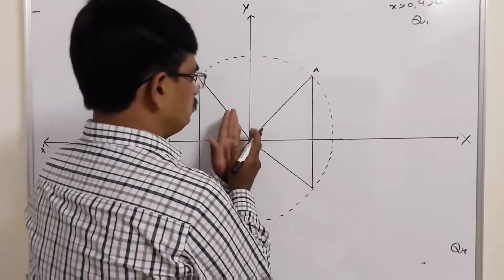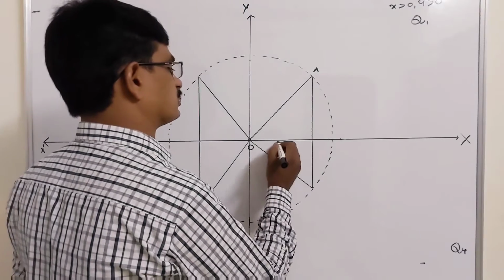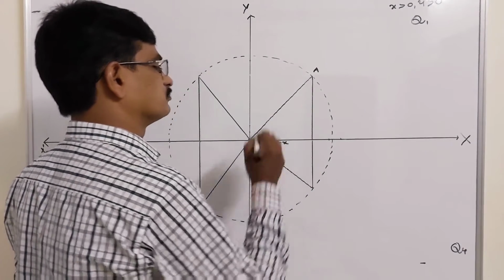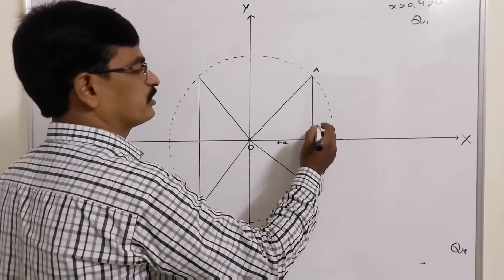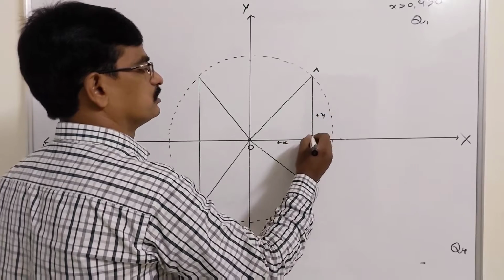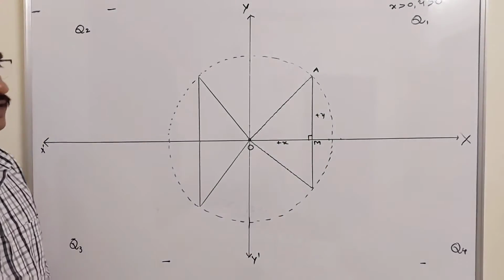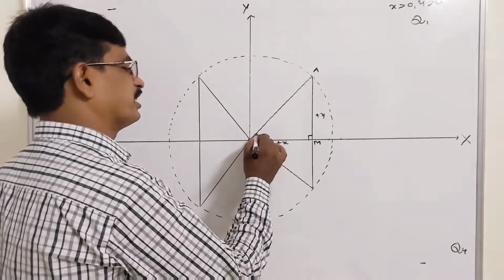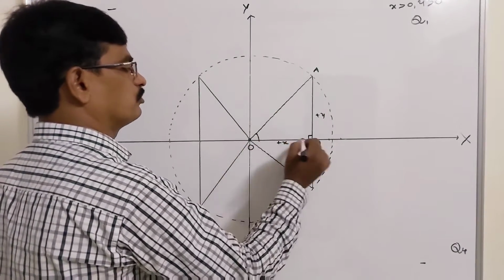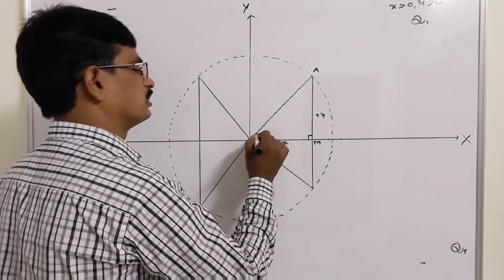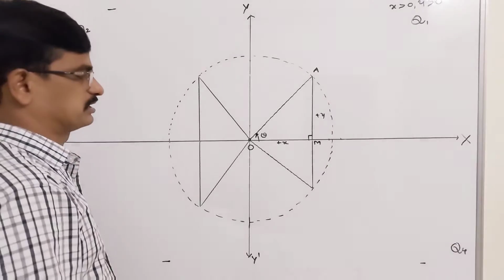Because right of the 0 is plus, this is plus x, and the length of the vertical line is y, where AM is perpendicular to the x-axis, and the angle made by OA with OM is theta in the anti-clockwise direction.